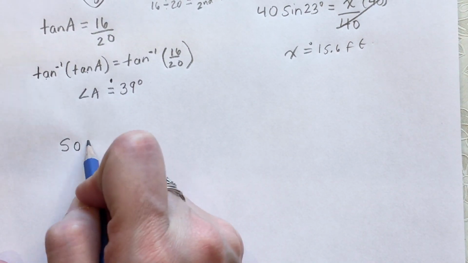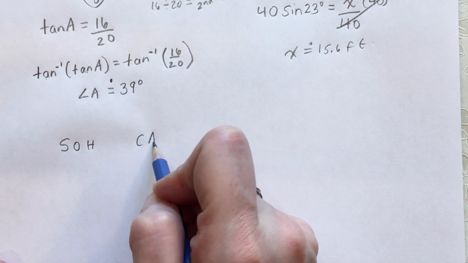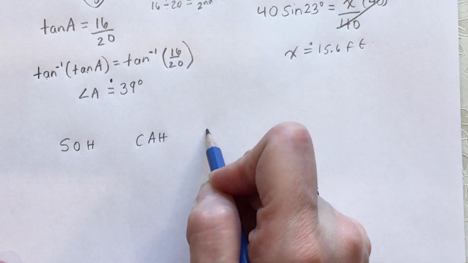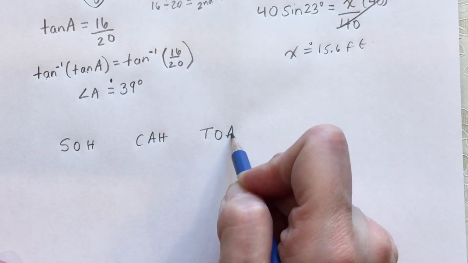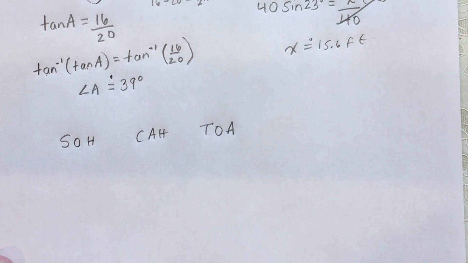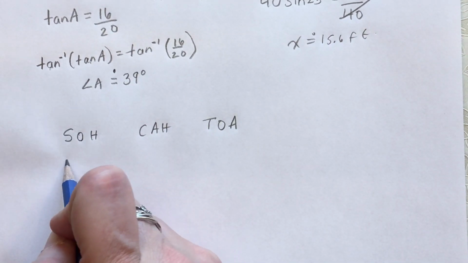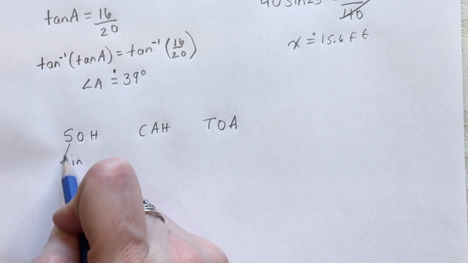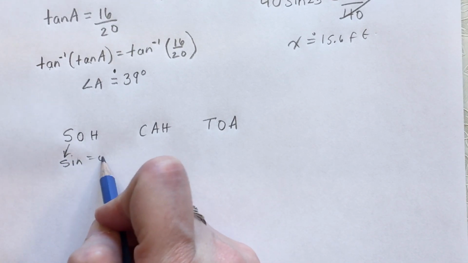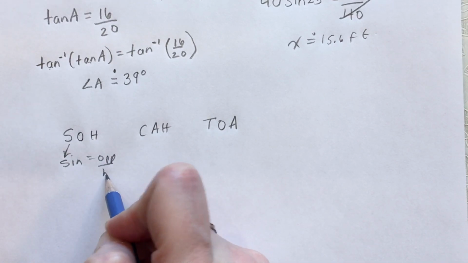If you remember from grade 10, SOHCAHTOA is for right angle triangles. And that's a little acronym, I guess, that says that sine, so S, is opposite over hypotenuse.